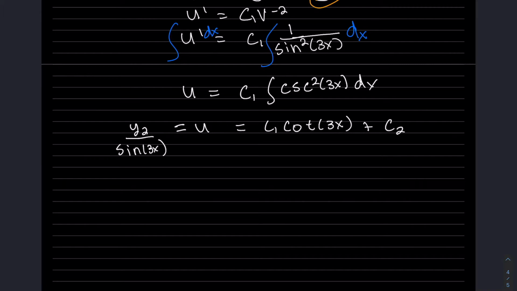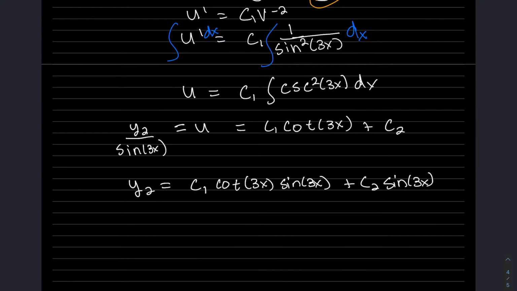So solving for y2, it is C1 cotangent of 3x times sine of 3x. I think cotangent is cosine over sine.